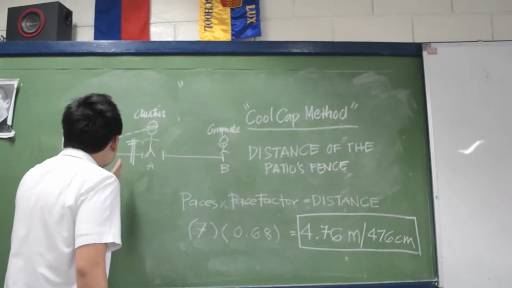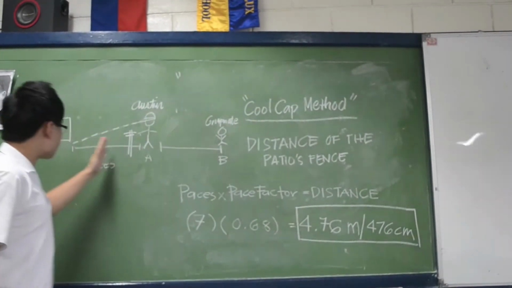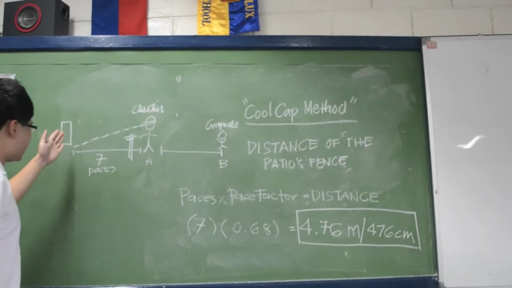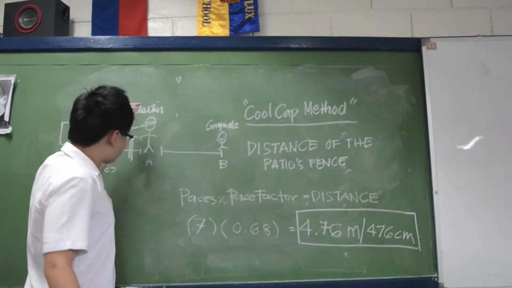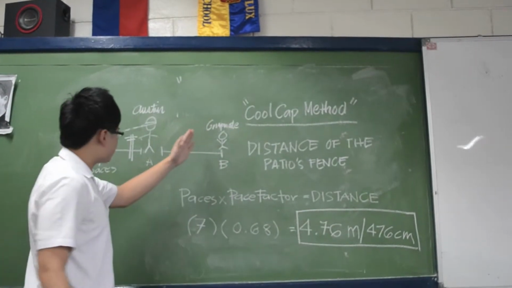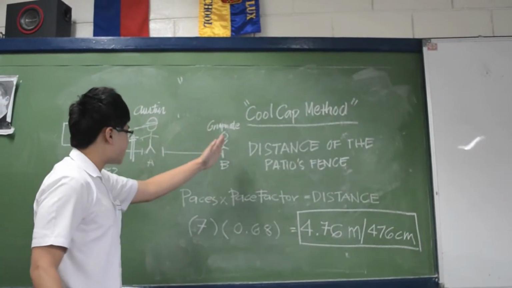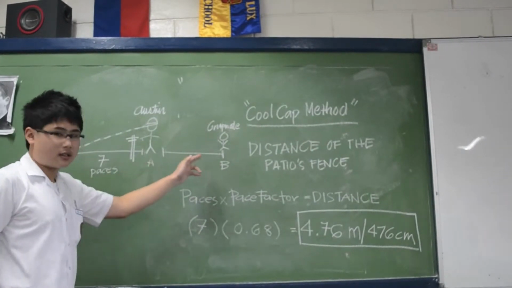Now, we're finding the distance of the patio fence through the cool cap method. But since we can't pass through because there's a big ditch, we have to measure the other side. So a groupmate is on the other side with the same eye level. We measured 7 paces away from Austin.